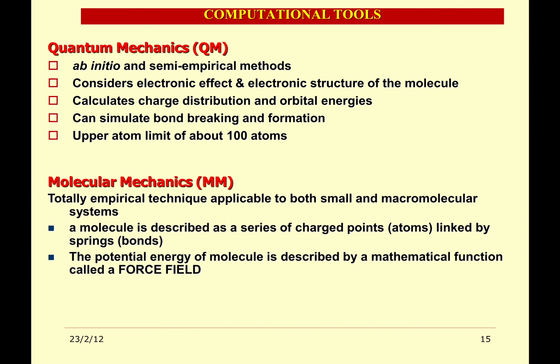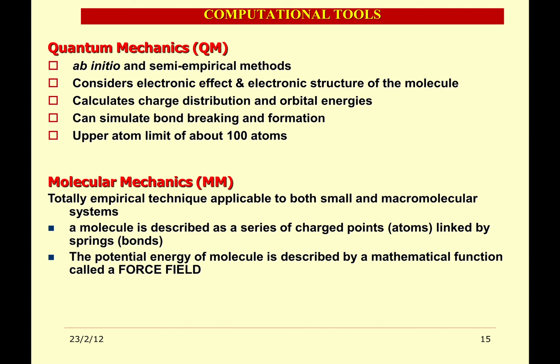Molecular mechanics is much handier, though its accuracy is a little less than quantum mechanics. It is an empirical technique and applicable to both small and large molecular systems. It does not explicitly track the electron movements and calculate all these things.